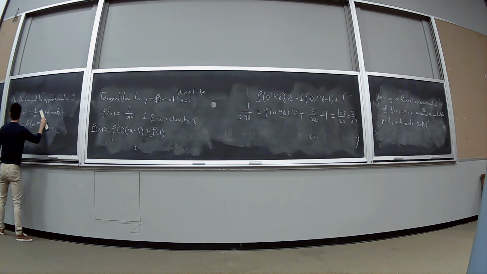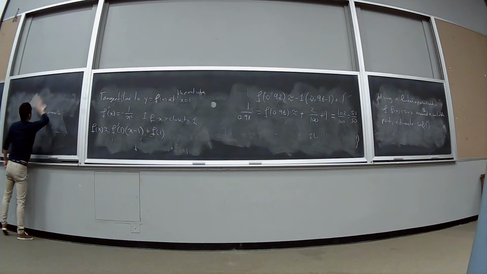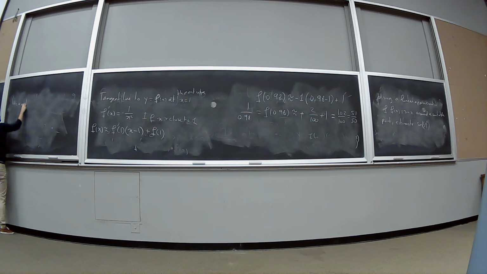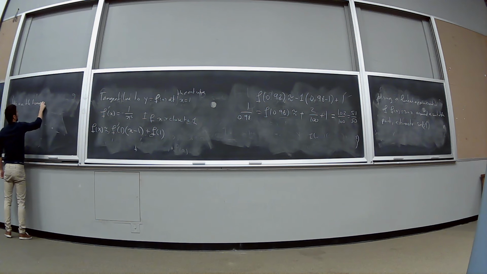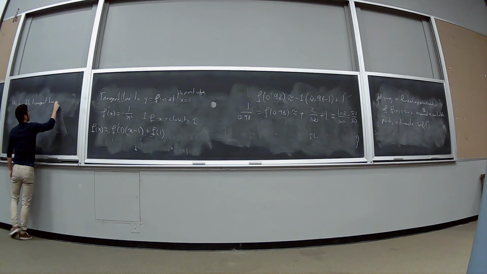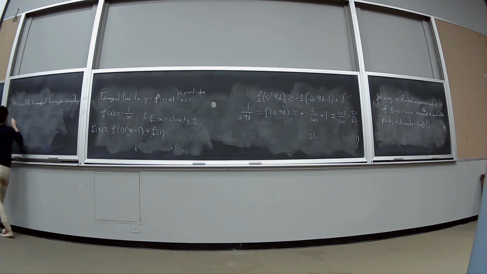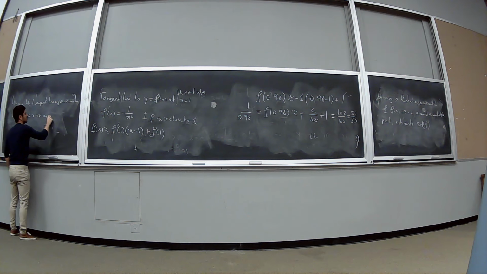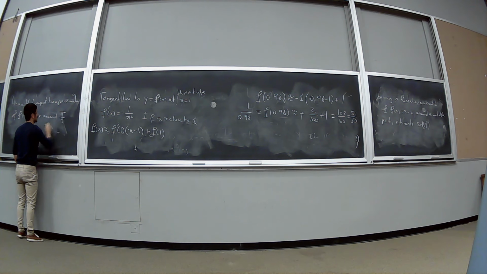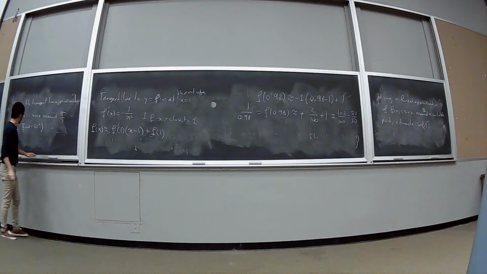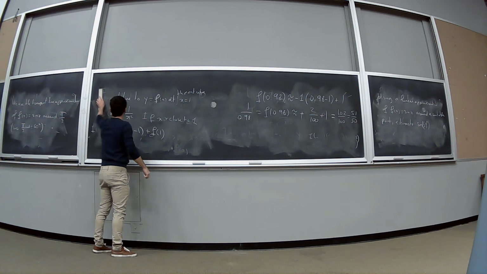So we use the tangent line approximation of f of x equals sine x around pi over 3. Since pi over 3 in radians is equal to 60 degrees. And I can compute the values of these things.